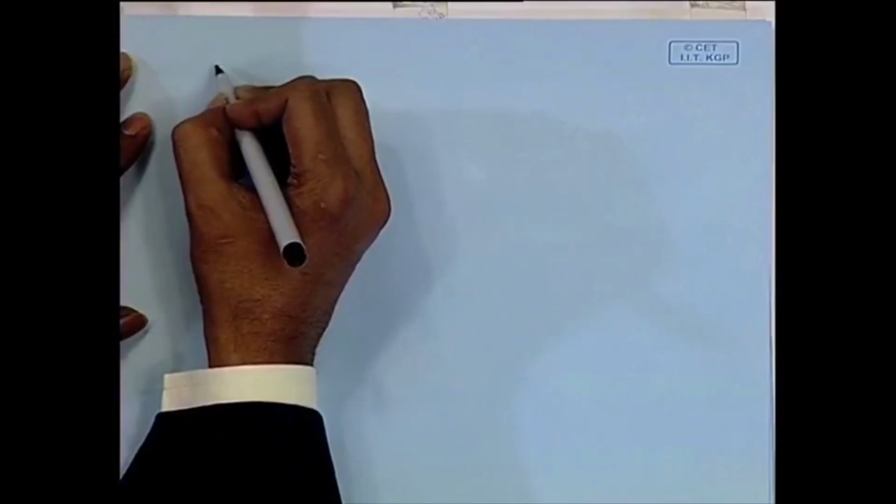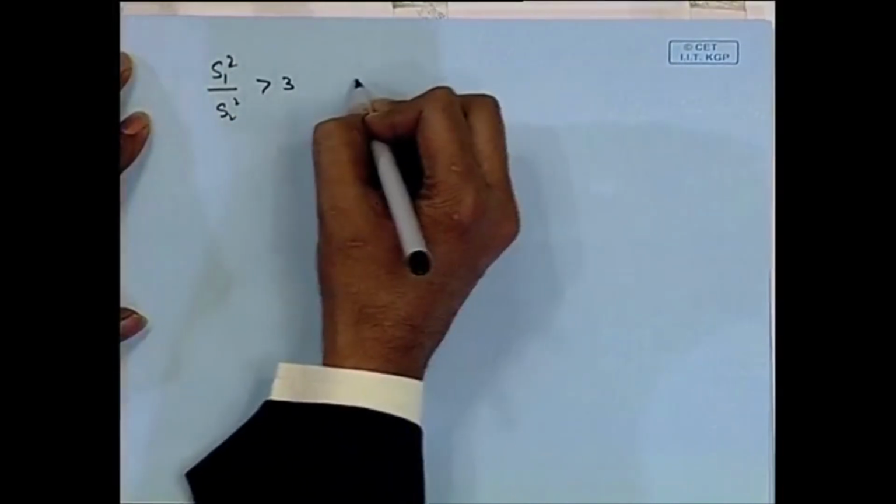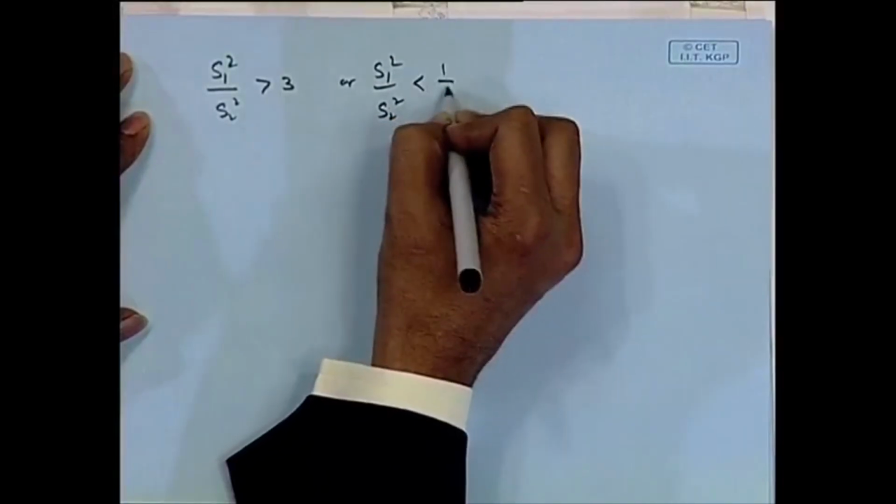If we write in terms of S1 square and S2 square, basically we are requiring the probability that S1 square by S2 square is either greater than 3 or less than 1 by 3.